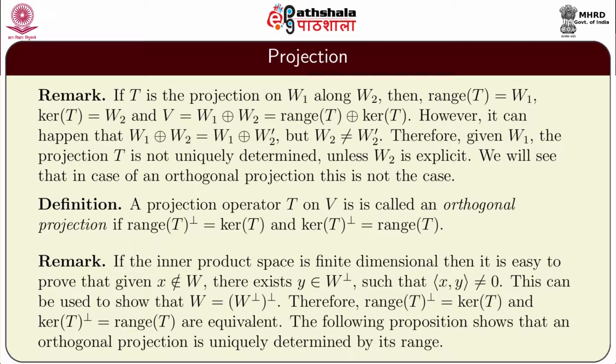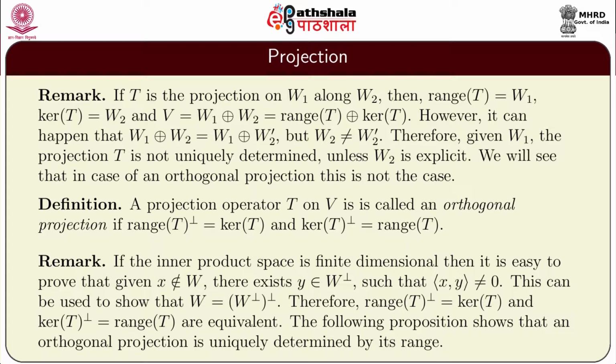Therefore, given W1, the projection T is not uniquely determined unless W2 is explicit. We will see that in the case of an orthogonal projection, this is not the case.